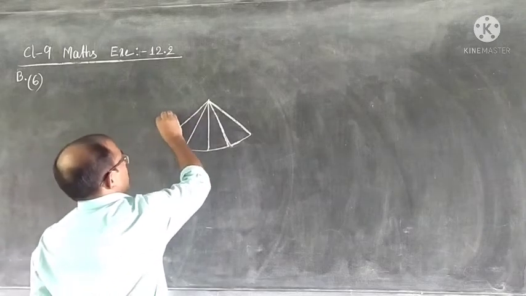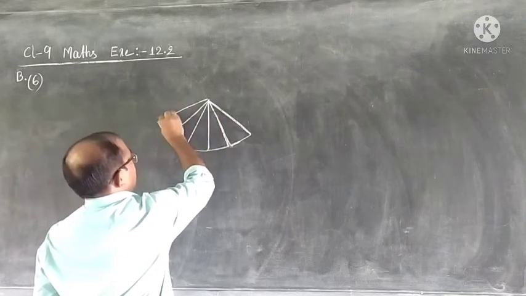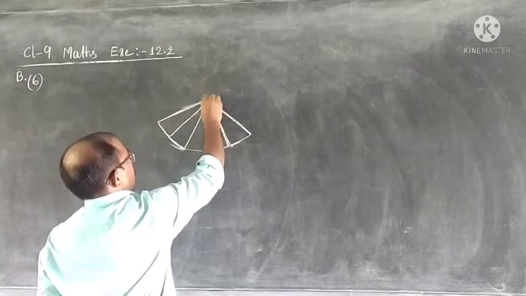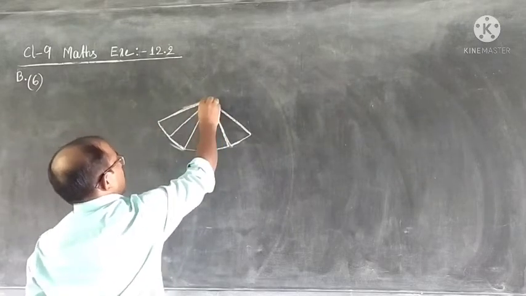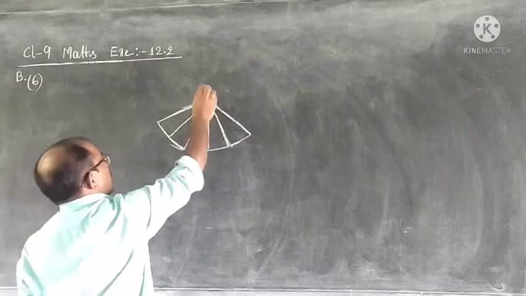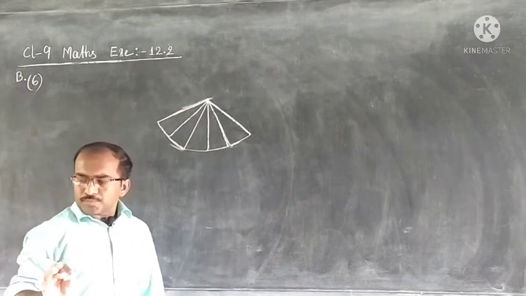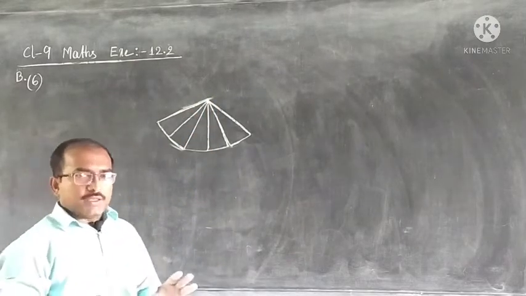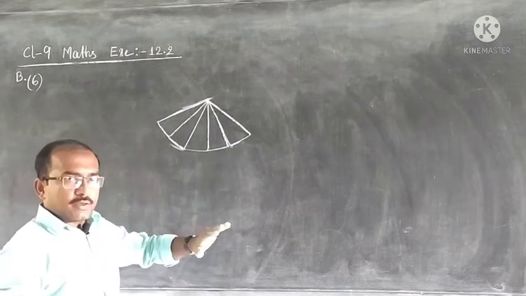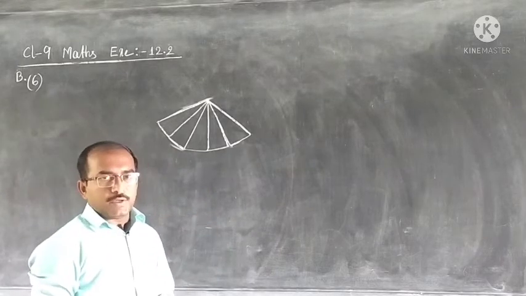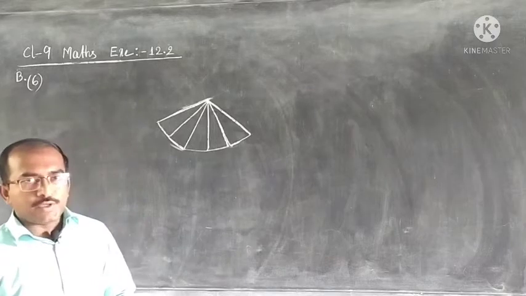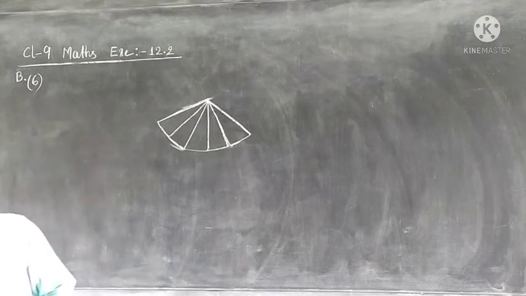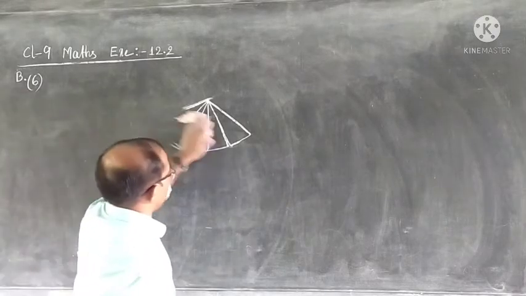Of course, here I am showing 5 triangular parts in the diagram, but remember there are 10 triangular pieces. 10 are there, 5 of the same color, another 5 of another color. Hope you have understood the situation in the question. So, let us start the solution.